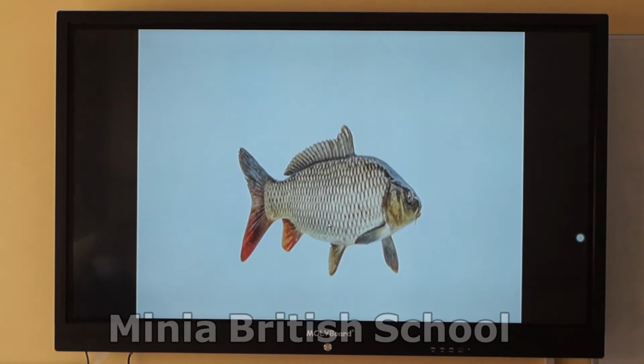What about the fish? Fish can move by swimming. Wonderful. So we said that animals are different according to many points: according to the size, the food they eat, the body cover, and the movement. Let's continue.